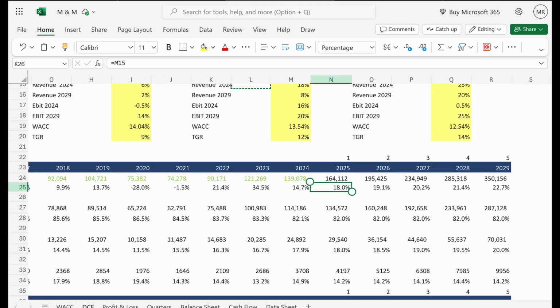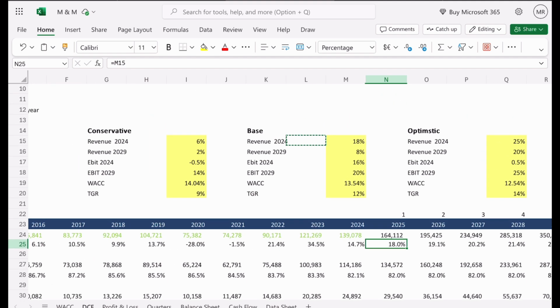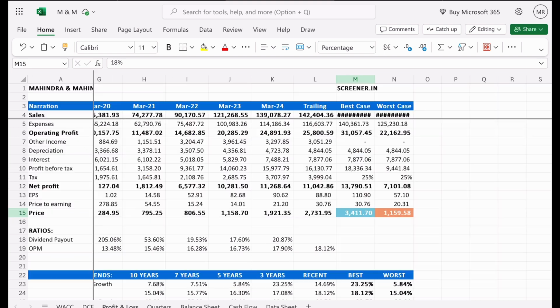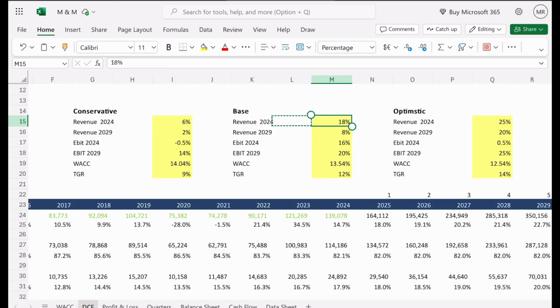So what I have done is I took this number, 18%, as a base, because in the optimistic scenario the projections were that it will grow at a 23.25% rate, and in the worst, at 6%. So anyway, it's more or less between 6 and 24%. I have taken 18% as a base.